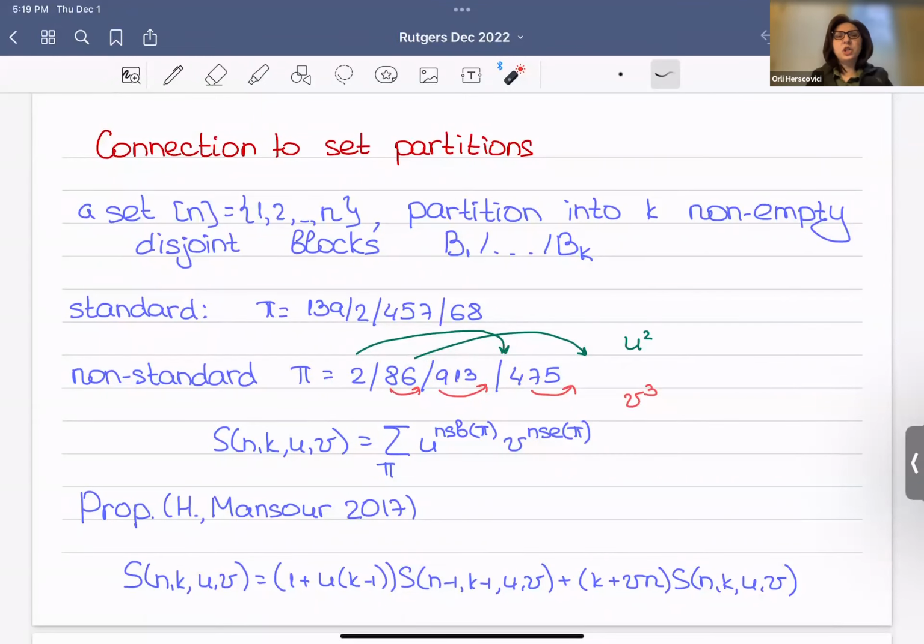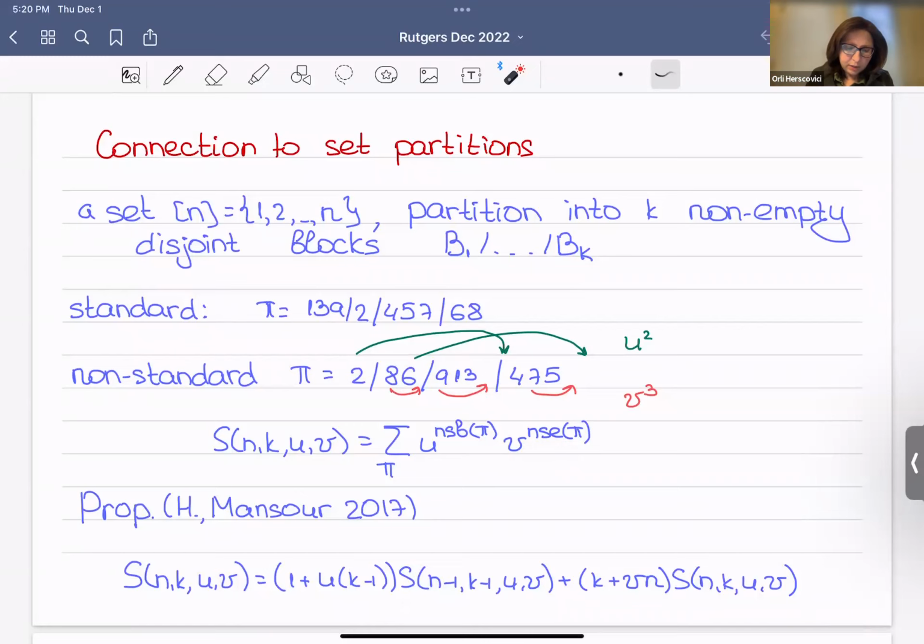We define the function S_n,k(u,v), which is a generating function where we count over all set partitions with respect to two statistics. Statistic NSB, non-standard block, how many blocks we should move to the right just to make it standard, and non-standard element, how many elements we should move to the right to make it standard.